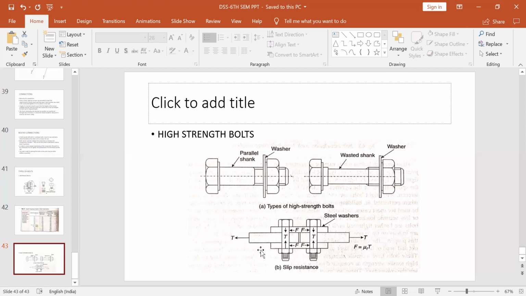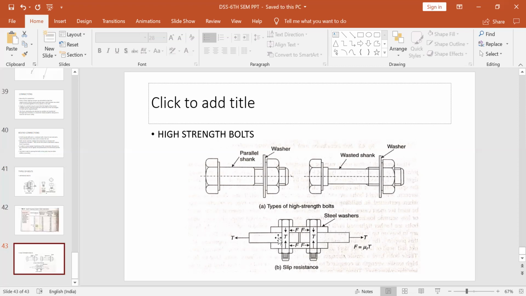As and when this force T is there, the strength of the plate will absorb a force equivalent to this tension force. Whenever you apply the force T on this plate, this plate is experiencing a force T. This plate is also experiencing a force T. Now this bolt will absorb a load approximately equal to T. So it will carry the load.